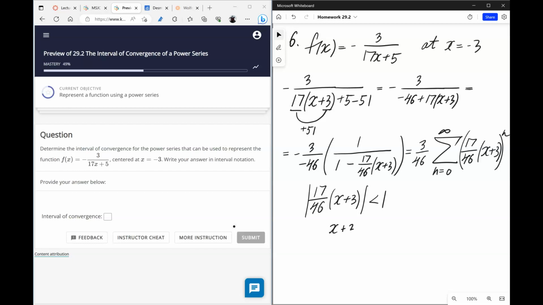So that means x plus 3 is less than 46/17. That means x plus 3 is between 46 over 17 and negative 46 over 17. That means x is now between 46 over 17 minus 3 and negative 46 over 17 minus 3.